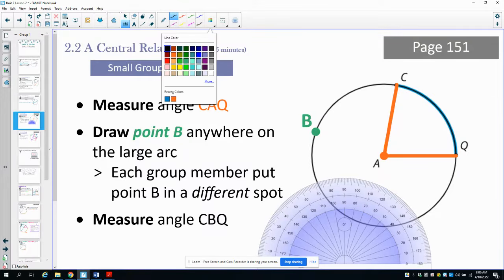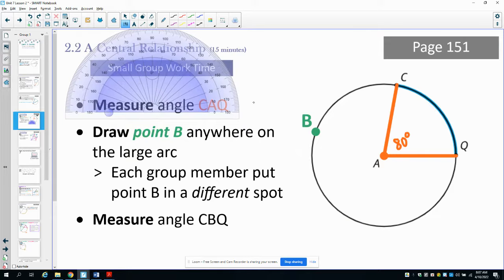And then go ahead and connect chords to point B from the end of this arc. So go ahead and connect C to B and Q to B, and then measure that angle.